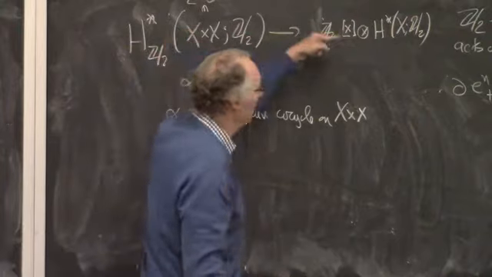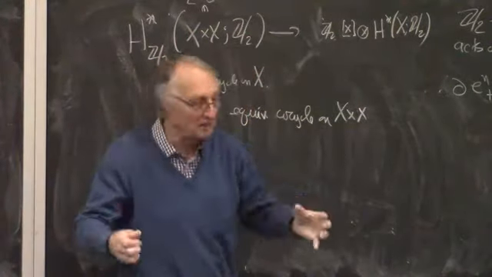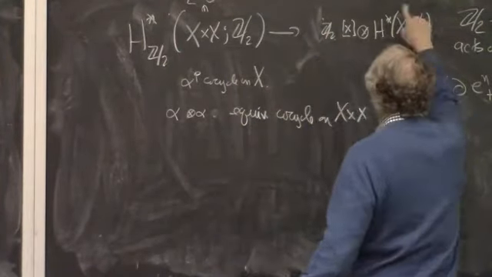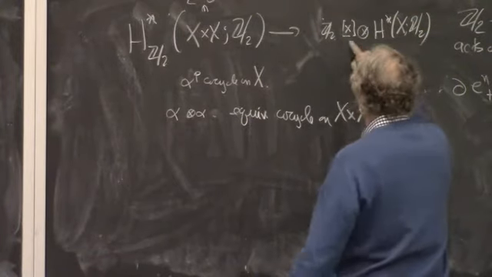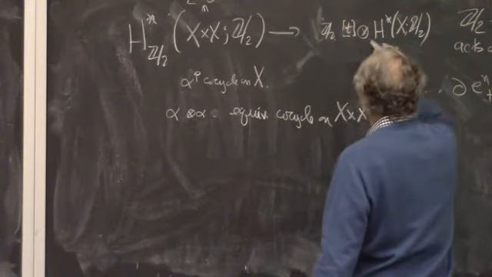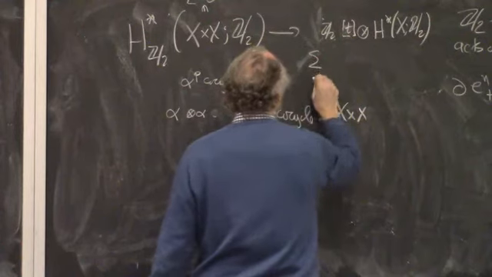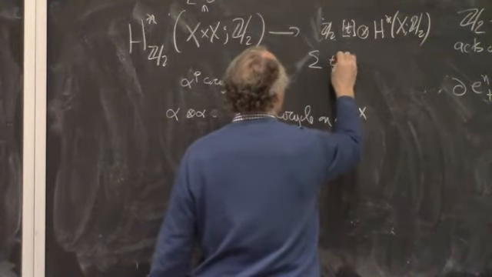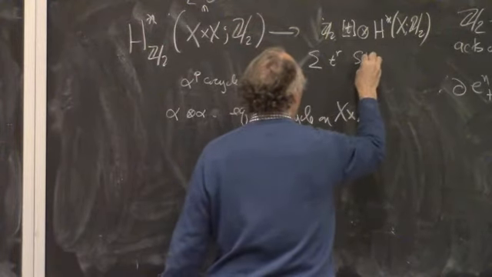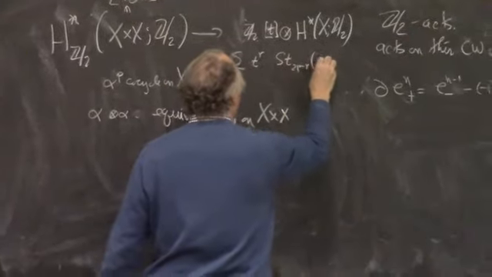So I push it forward and pull it back under this map, the map given by all these chain homotopies, and I get something which is a polynomial in T with coefficients which are cohomology classes in X. So this is a summation of T to the R, and some, let's call it Steenrod, 2p minus R of alpha.